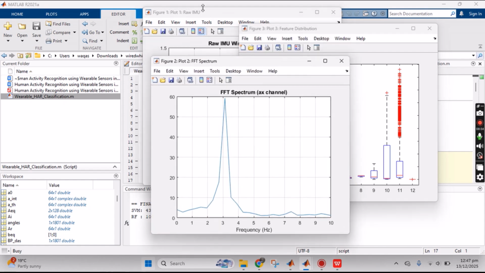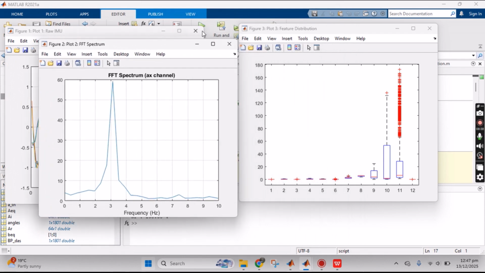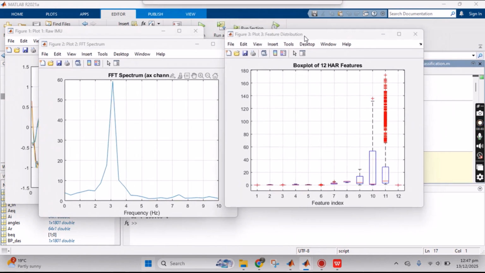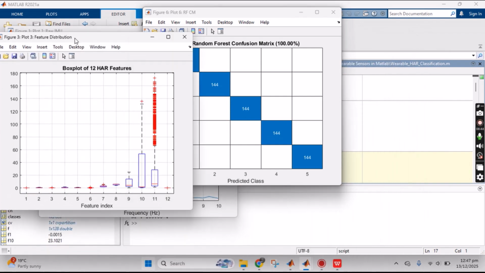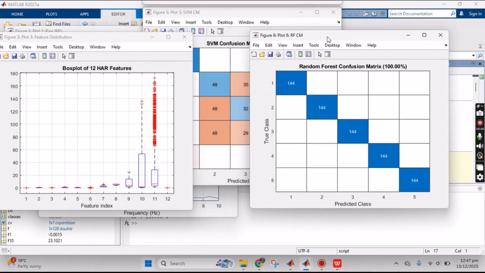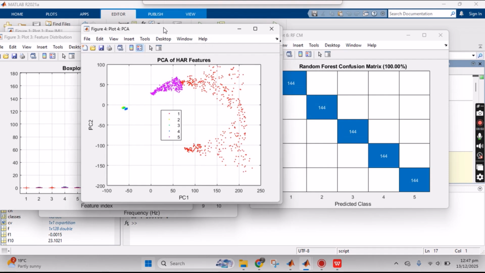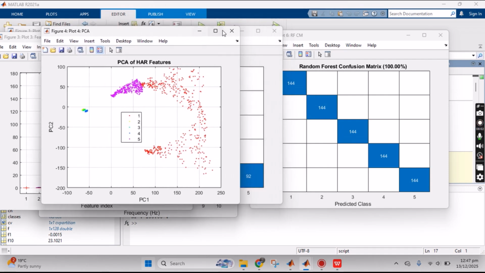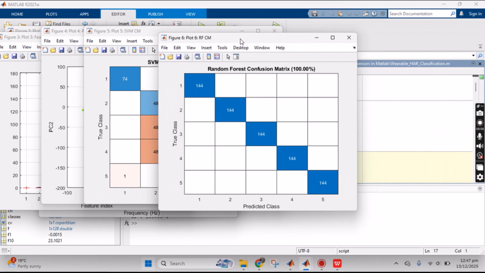See, these are the output results of the raw IMU window, the FFT spectrum AX channel, and the box plot for the 12 HAR features. The next one is the SVM confusion matrix. This one is the PCA of HAR features, the SVM confusion matrix, and the random forest confusion matrix as well.